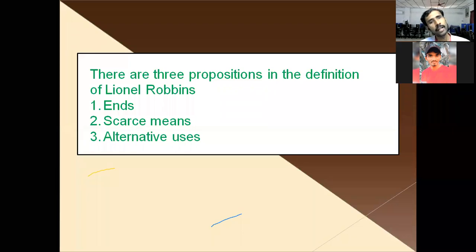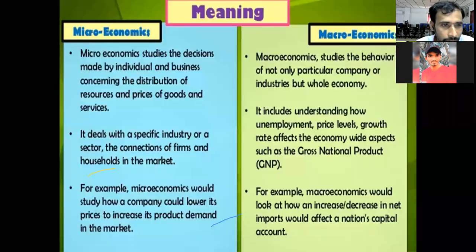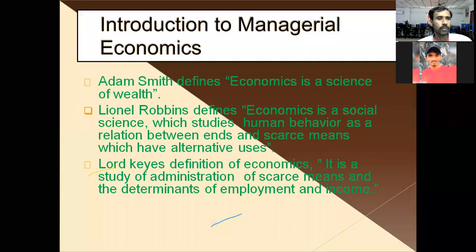So as per Lionel Robbins, my first proposition, and I'll show the definition again: economics is a social science which studies human behavior as a relationship between ends and scarce means which have alternative uses. So you can see ends here, scarce means, and alternative uses. These are the 3 propositions used in this definition.